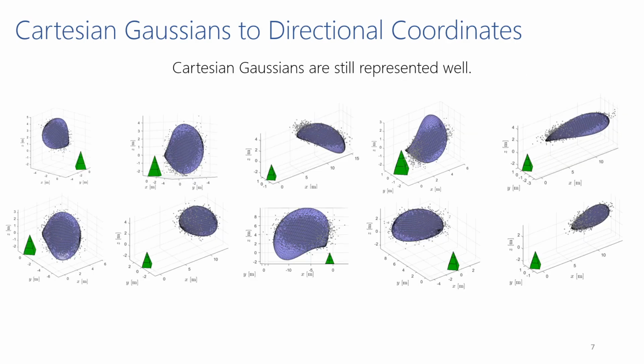In fact, this method performs well for a large variety of different Gaussian distributions in Cartesian coordinates. The 99% probability regions in directional coordinates, shown as the blue blobs, create some very interesting shapes when visualized in Cartesian coordinates.